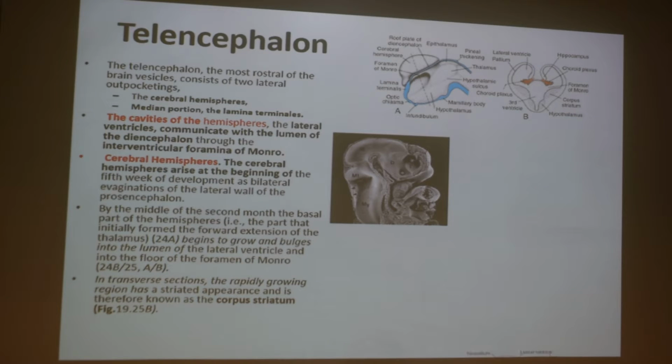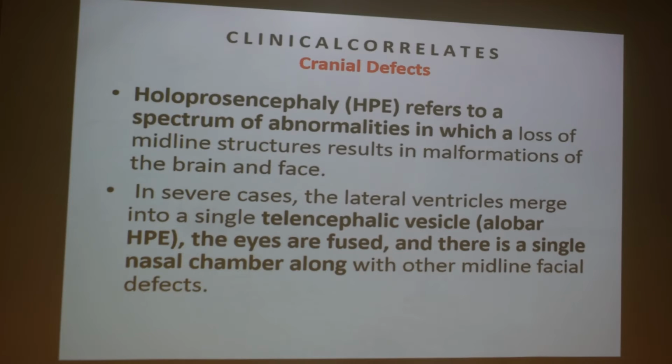We will deal with a little bit of some of the abnormalities. One of the major abnormalities is called holoprosencephaly, and holoprosencephaly refers to a spectrum of abnormalities in which a loss of midline structures results in malformation of brain and face. So you would not have two cerebral hemispheres, you might have one cerebral hemisphere.